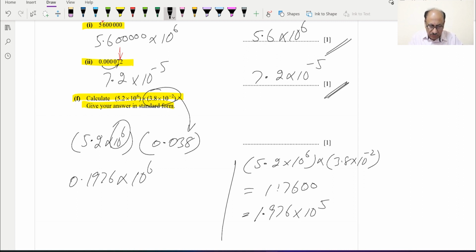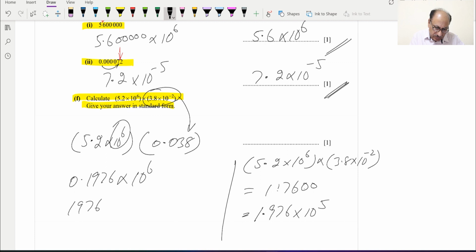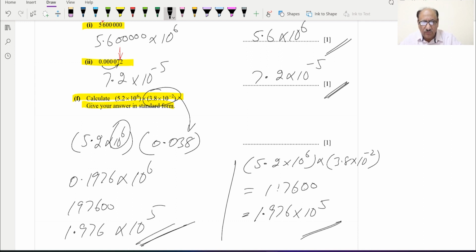Now we move the decimal after 6 places, so we add 2 zeros, and this is the answer, which we can write in standard form after shifting. So this will be 1.976 into 10 raised to 5. This is the same answer as the other method. Whatever method you like, you can follow.